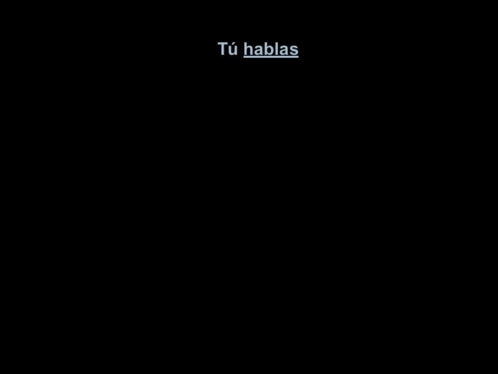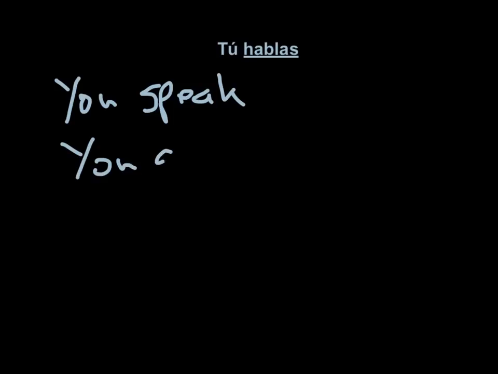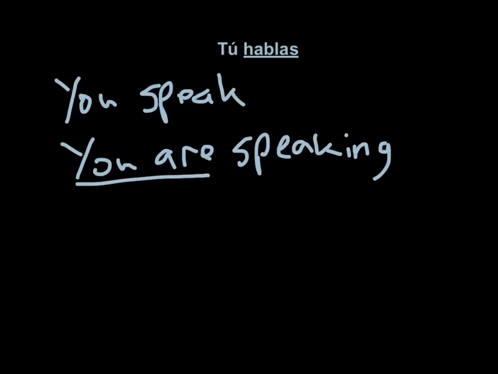So this also works for all the rest of the verb forms. Tú hablas means you speak, but depending on the context, it also could mean you are speaking. And again, we do not need to translate the you are part. It's already part of the verb. You do not need to translate it and say tú eres. You don't do that.